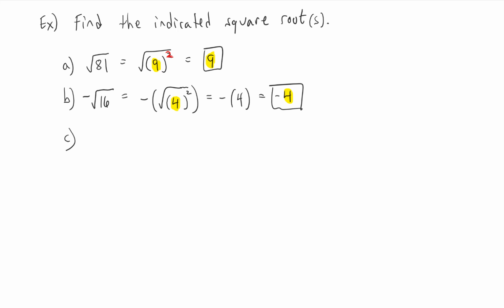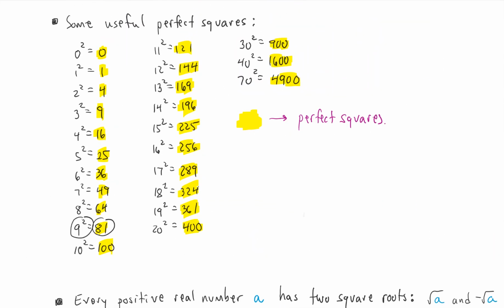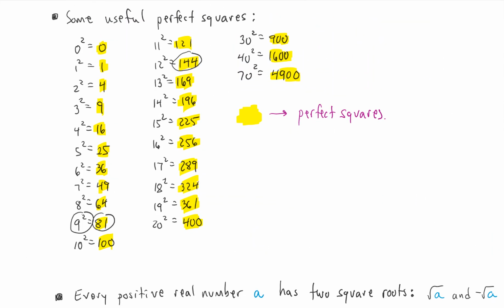Sometimes you might be asked for both of them, so they'll put a little plus minus. In this case, they're asking you what are both square roots of 144? Now, as you know by now, I'm not a big fan of the plus minus symbol. So if I see this, I'd say, okay, they're just asking me for both square roots, so I would do this as two separate problems. What's the principal square root of 144? Well, 144 is one of our perfect squares that we're supposed to recognize. 144 is 12 squared.